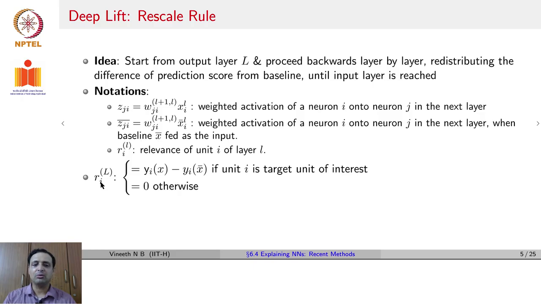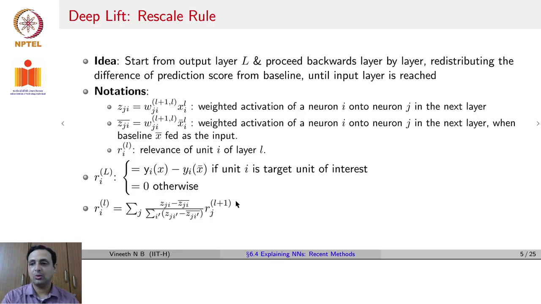And that's going to be your relevance of unit I in your last layer. If there's no change, that's going to be 0. For all previous layers, Ri of small l is given by summation over j's, which is all the neurons that particular neuron is connected to in the next layer, zji minus zji dash divided by the summation of all zji minus zji dash in that layer, into rj l plus 1.